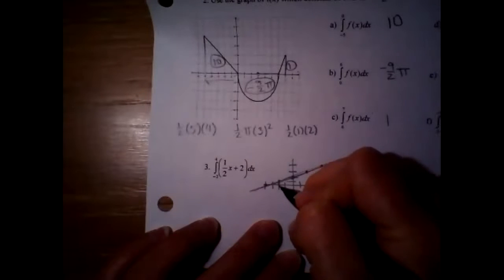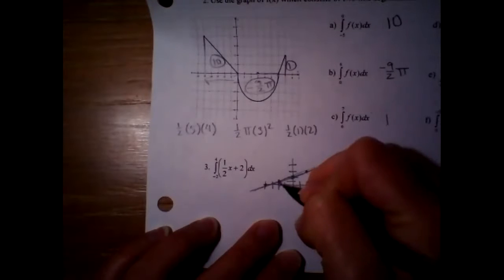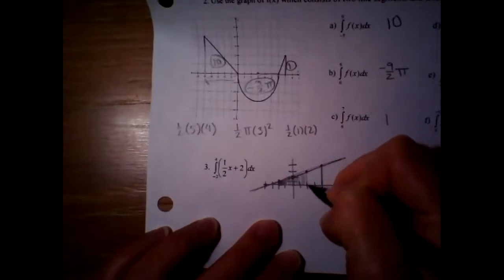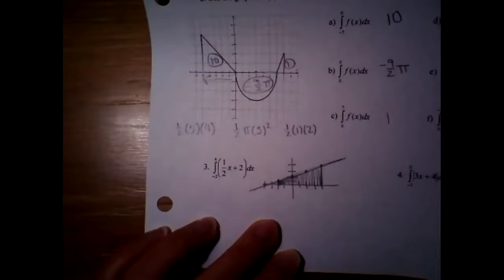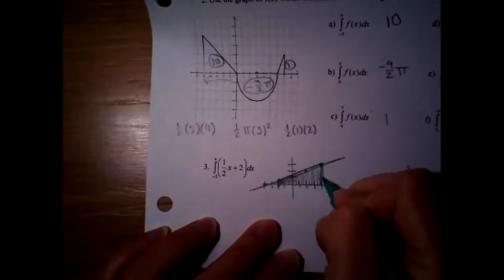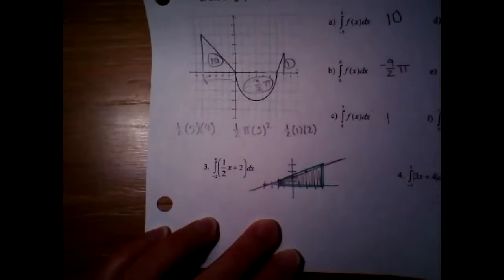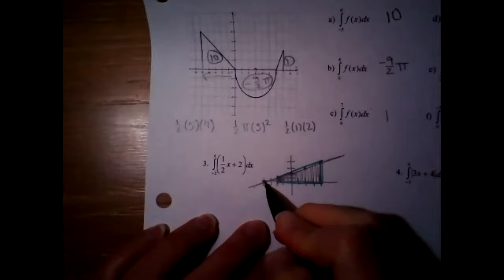So here's -2, and here's 4. So what shape did we get, guys? What shape is this? It's not a triangle because it didn't go all the way down to the x-axis.